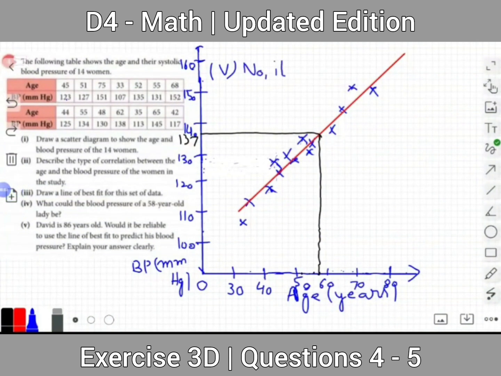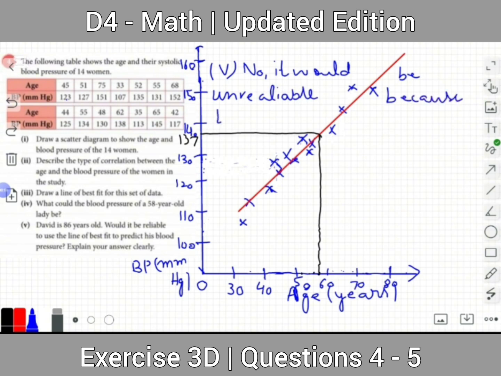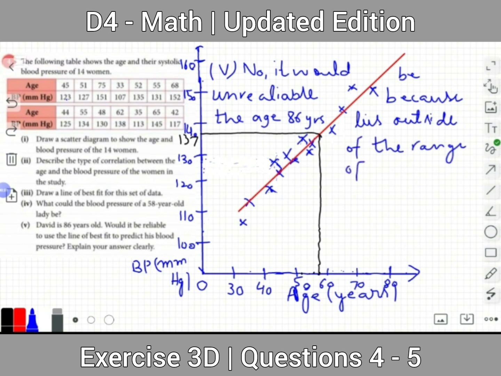No, it would be unreliable because the age of 86 years lies outside of the range of the data, and the data involve only women.